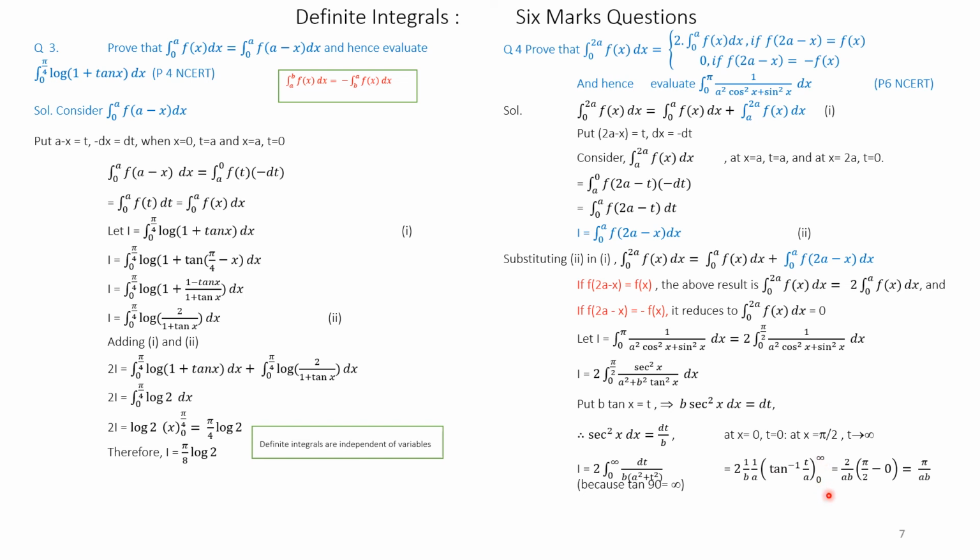Putting the value of t as infinity, the value of tan inverse of infinity is pi by 2, minus tan inverse 0, which is 0. Therefore, 2 by ab into pi by 2, that is pi by ab, is the answer.